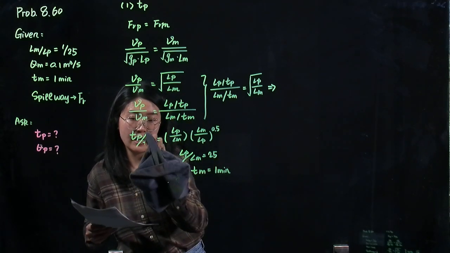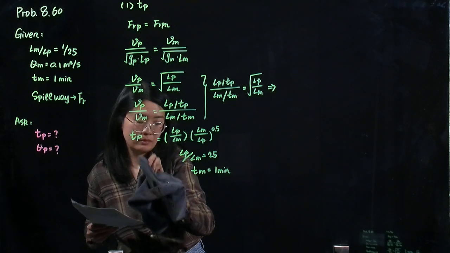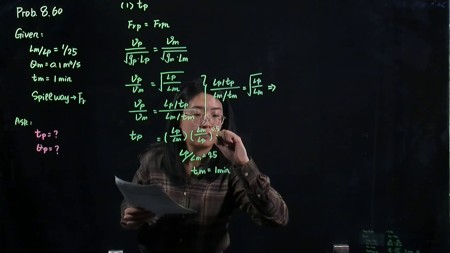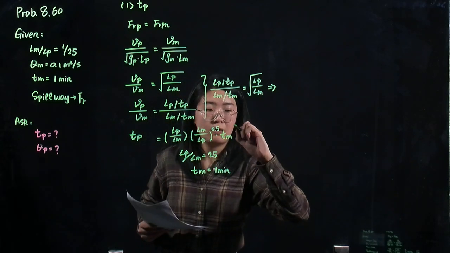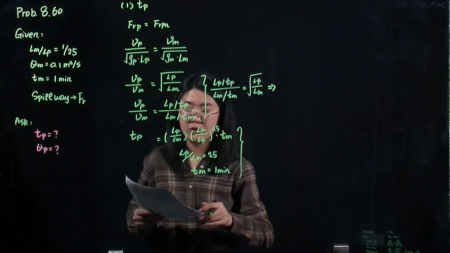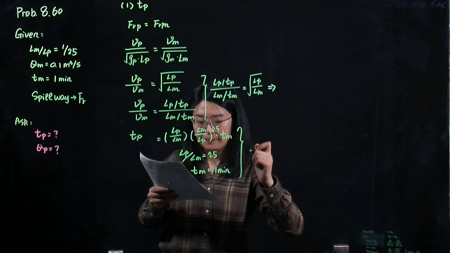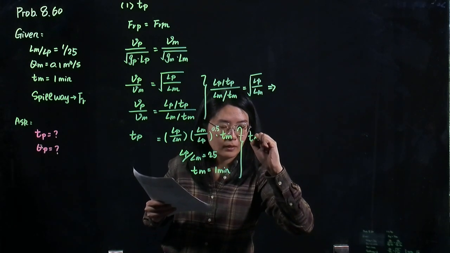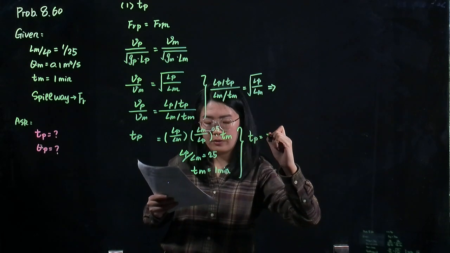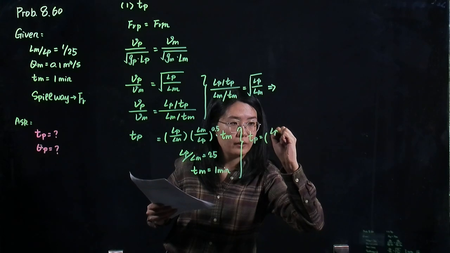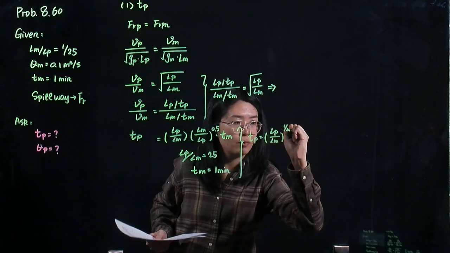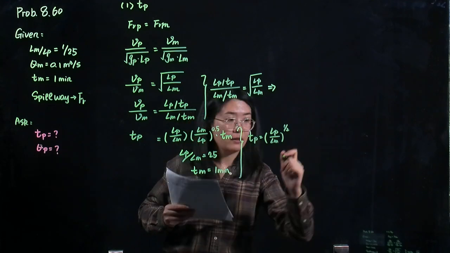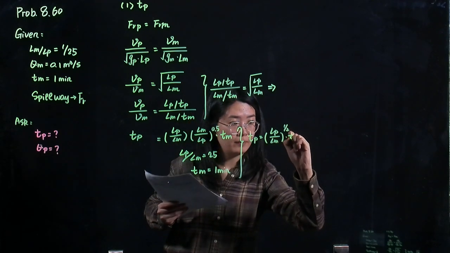So we can put the Tm on the right hand side. After we bring the value to the equation, Tp equals Lp divided by Lm to the power of 0.5 times Tm.